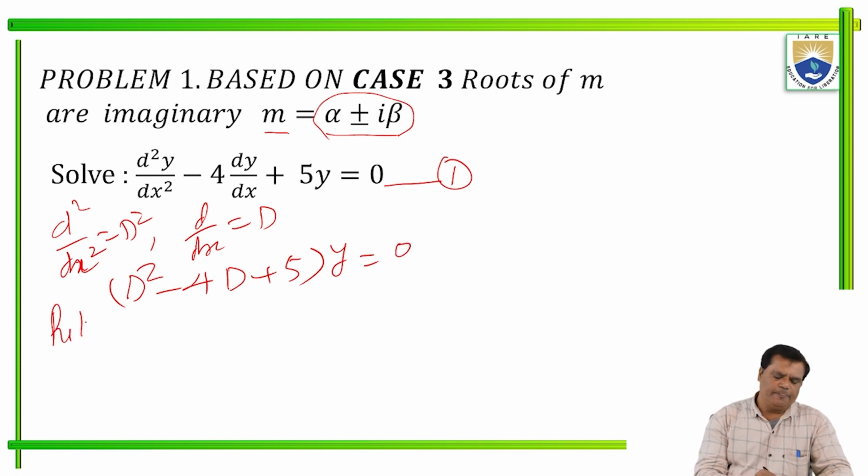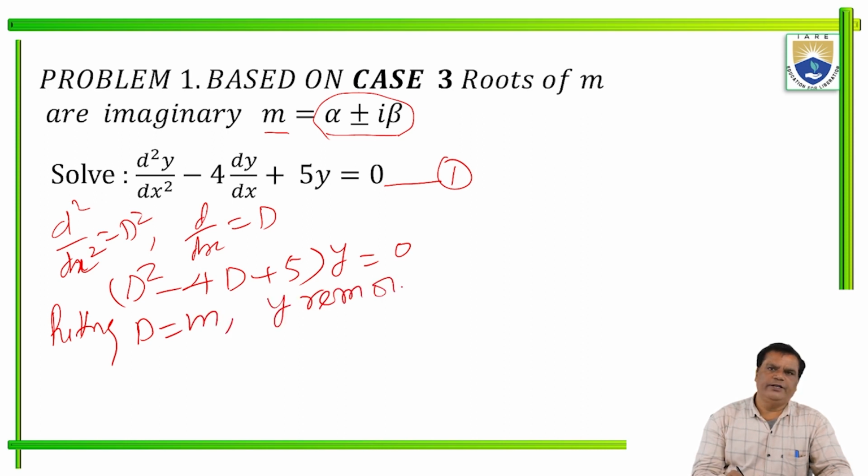Putting D equal to m and removing y, we get m² − 4m + 5 = 0.